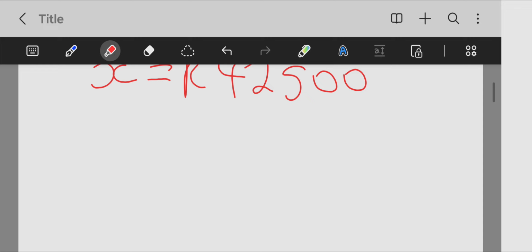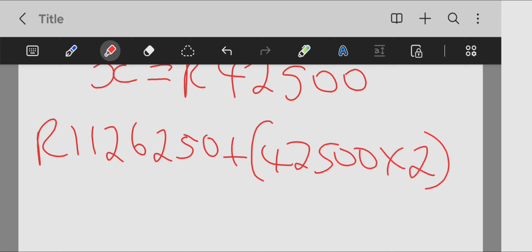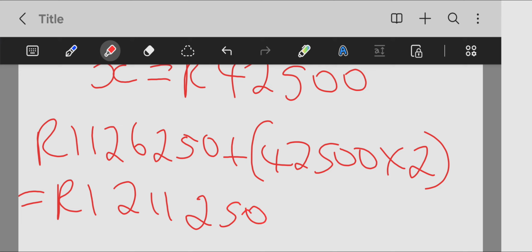Now we are going to say 1,126,250 plus 42,500 multiplied by 2. And we are going to get our director's fees that we are going to disclose in our statement of comprehensive income. We're getting 1,211,250.